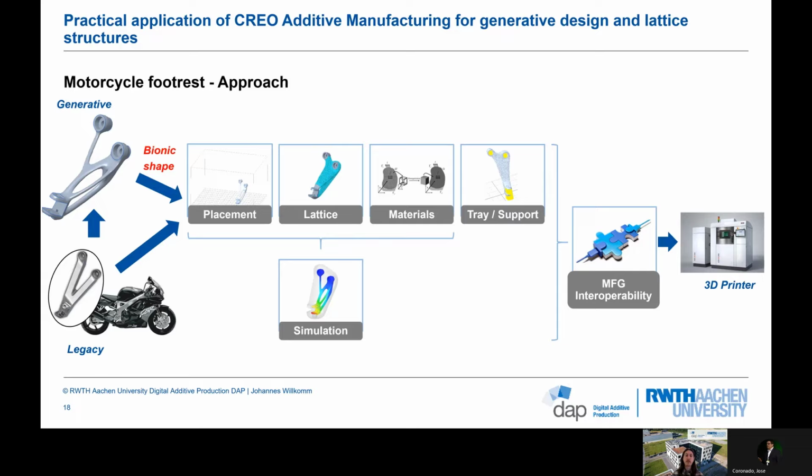This is information we can define inside Creo and use inside several design steps. After designing the part, data preparation is also done within one software here. And if you have the build processor of your machine, you can directly generate the data for printing and send those data to the machine.